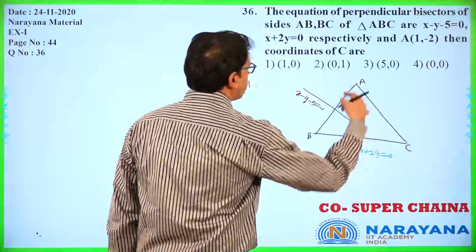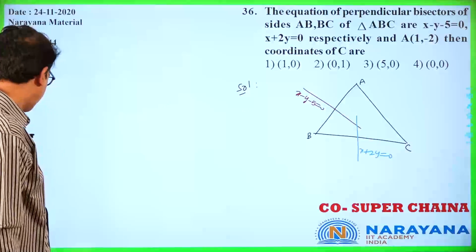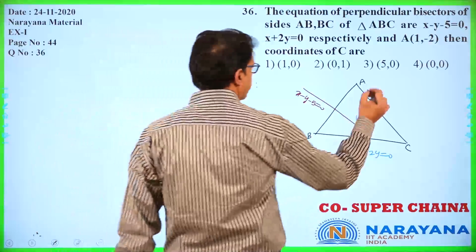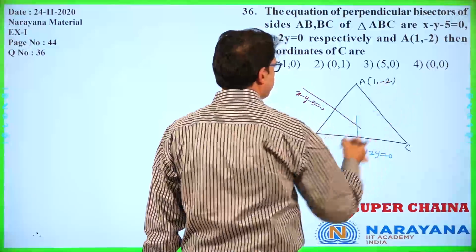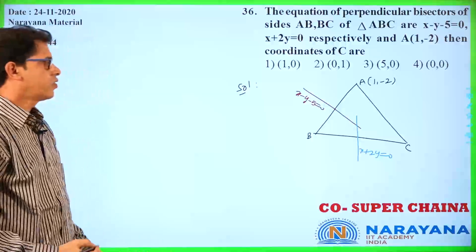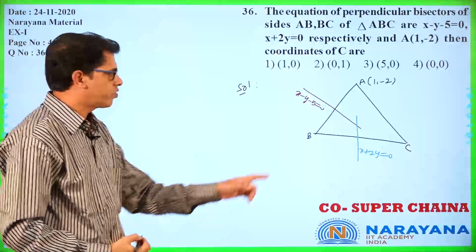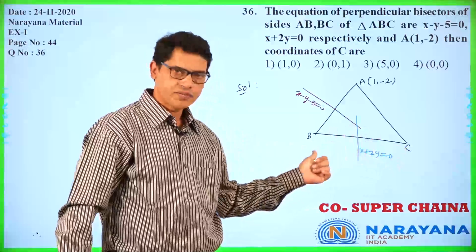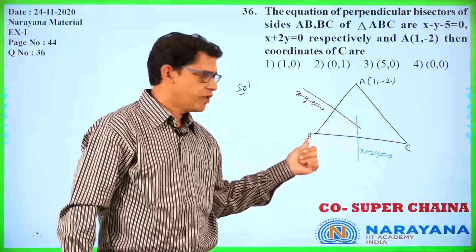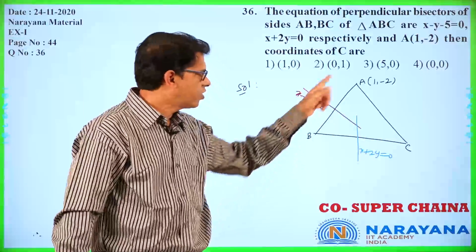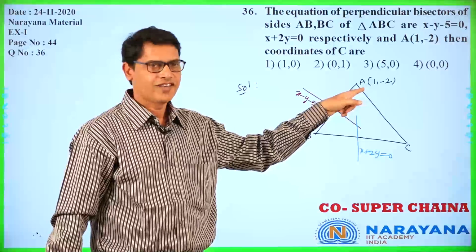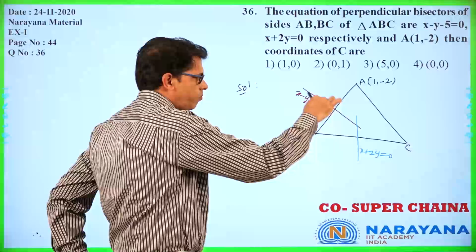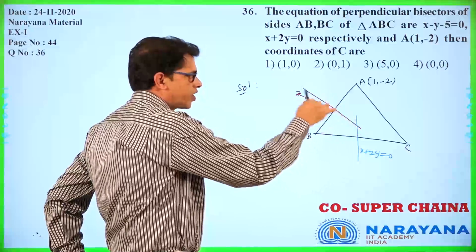Now the coordinates of A are given, and we have to find the coordinates of C. Here A is (1, minus 2). To find C, first the coordinates of B are required, because C is the image of B, and B is the image of A. B is the image of A with respect to this line, so the red line is the mirror line.